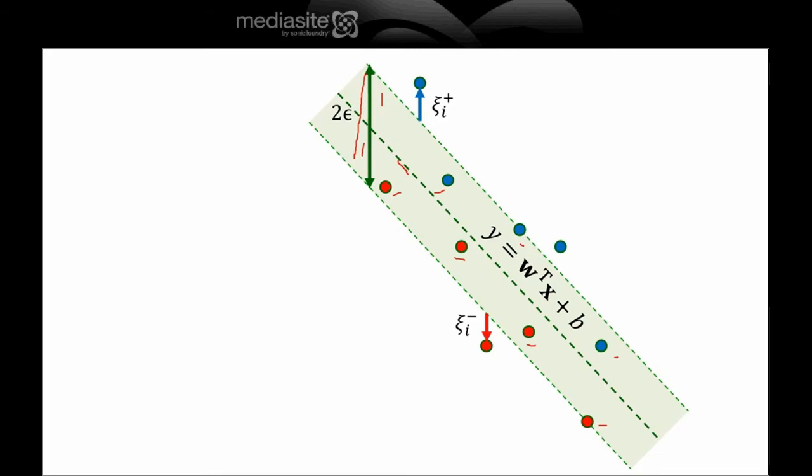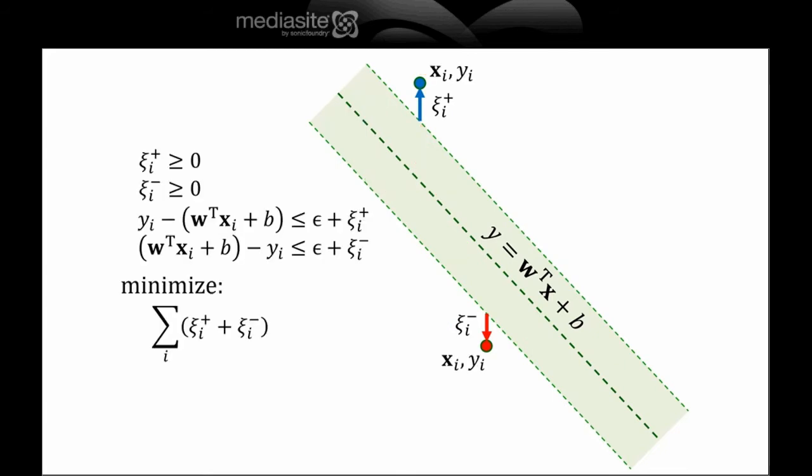But for points like this, which lie above the allowable zone, we have a penalty zeta i plus. Likewise, for points that lie below this allowable zone, this green band here, we incur another penalty zeta i minus. So zeta i plus and zeta i minus are two sets of primal variables in our case.